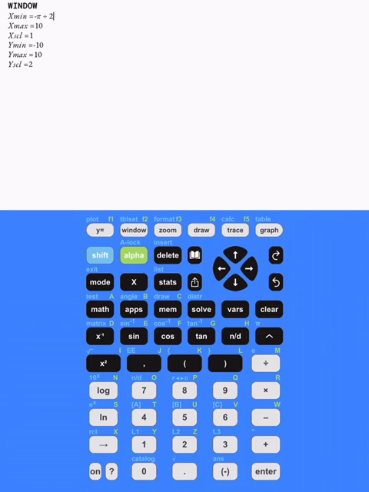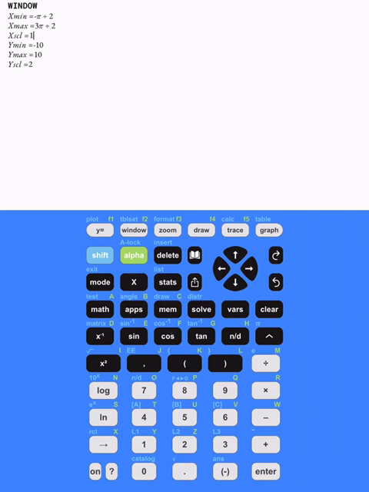Then your x max is going to be bracket 3 pi divided by 2. If you do 3 pi divided by 2 not in brackets, it would actually work in this case. But I like practicing putting the numerator in brackets if it has more than one thing in it. So I could go 3 pi divided by 2, and you'll have a slash in there, and that's perfectly fine.